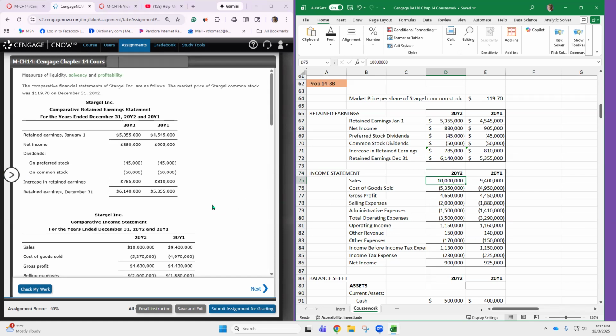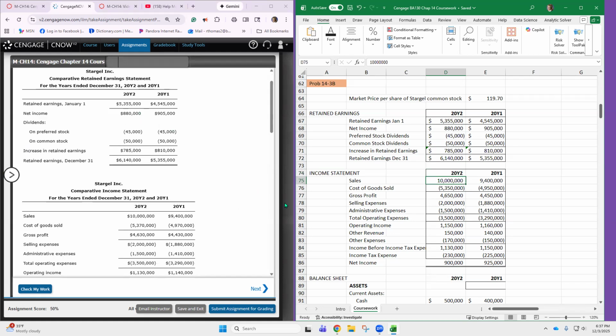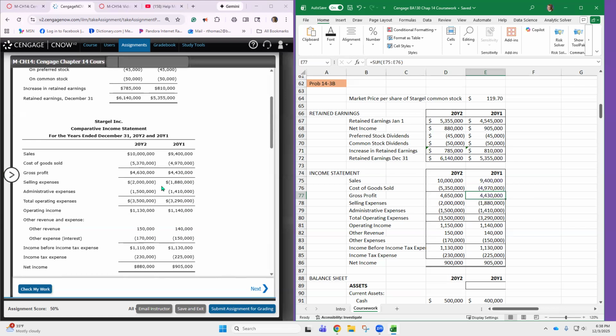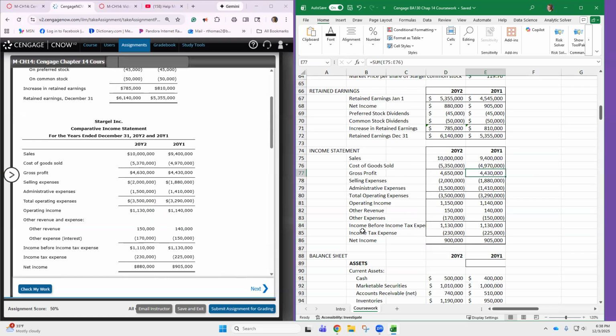Okay, now I'm down here to my sales. Okay, they must have just changed it slightly. Okay, so here is a difference. So let me key these in. And like I said, this all comes from the income statement, the balance sheet. Okay, so that needs to equal that. 2 million, yes, yes, yes, yes. Okay, that looks good. Other revenue, 150,000, 140, yes.